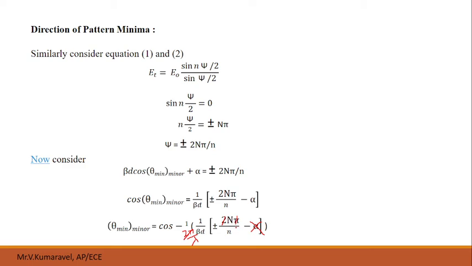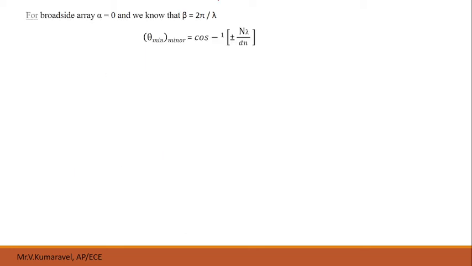The resultant expression is theta minima of minor lobe equal to cos inverse of N lambda divided by small n into d. Now we need to substitute the values of capital N, small n and d.